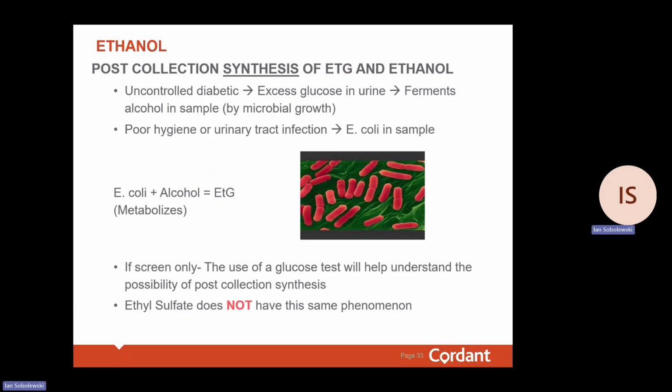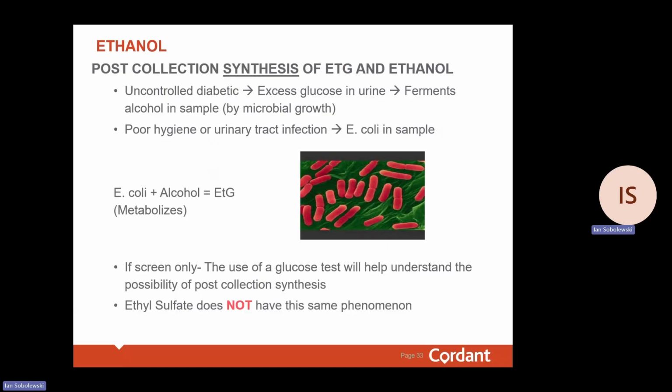Now, these circumstances take very specific environmental factors to be introduced. So this is going to be a rare situation, but there can be what's called post-collection synthesis of ETG and ethanol. So if you have a donor with uncontrolled diabetes, or maybe undiagnosed diabetes, there can be excess glucose or sugar in their urine.